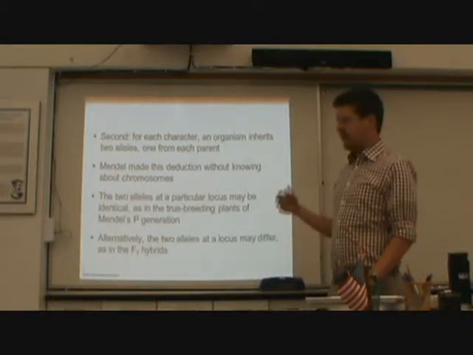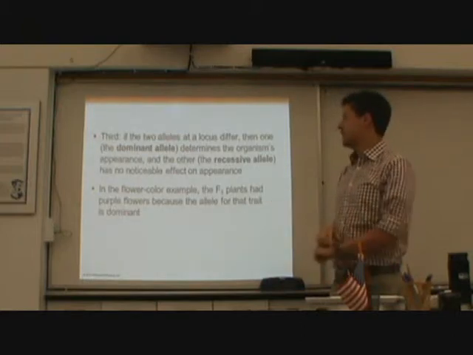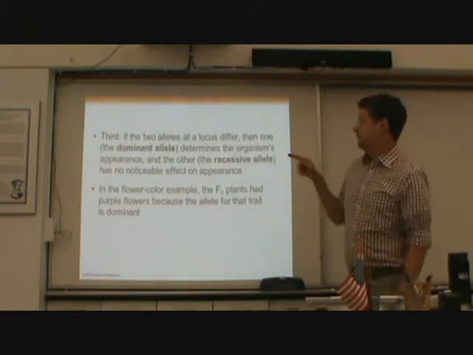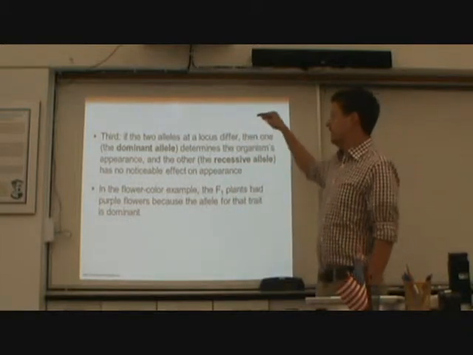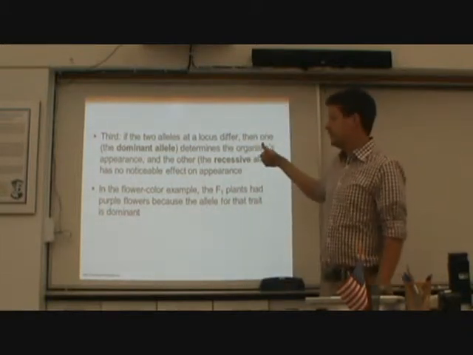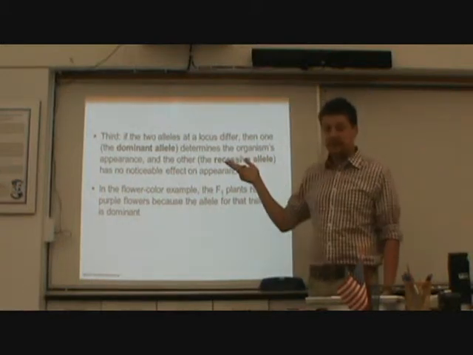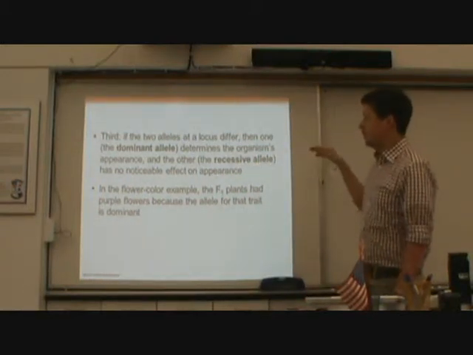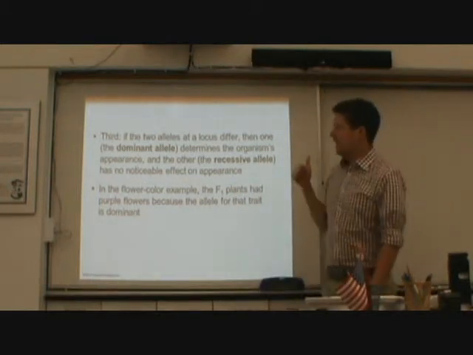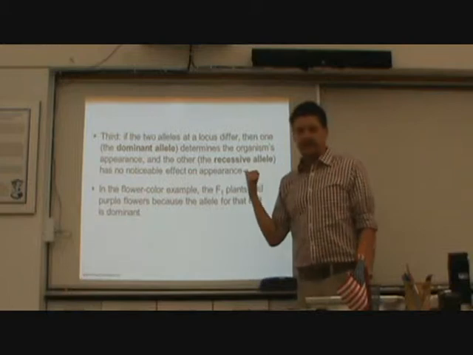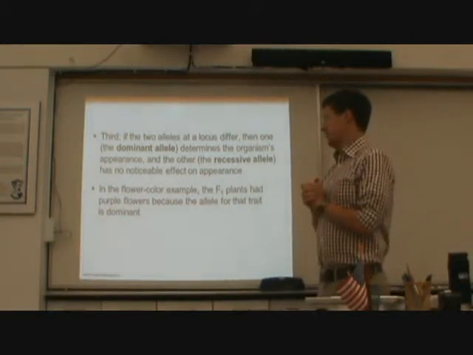And we saw them having different ones in the F1 hybrids that we looked at last time. Thirdly, if the two alleles at a locus are different, then one of them, which we refer to as the dominant allele, determines what the organism's appearance is, and the other one, the recessive allele, has no noticeable effect on the appearance of the organism.